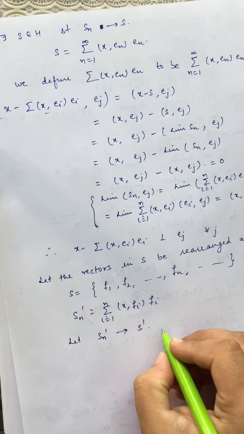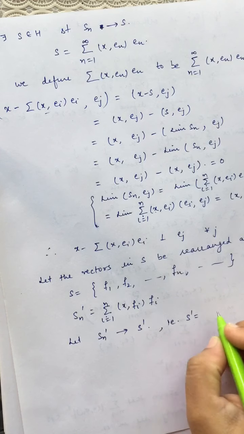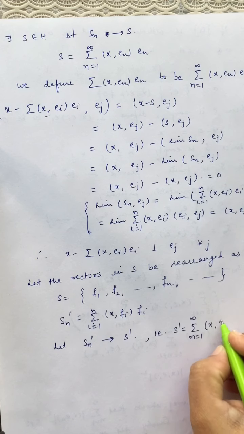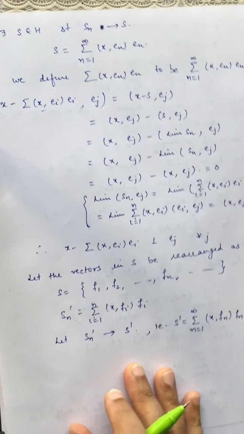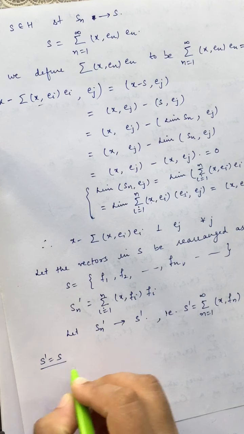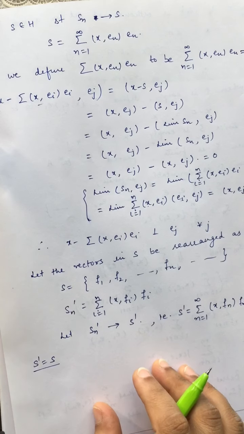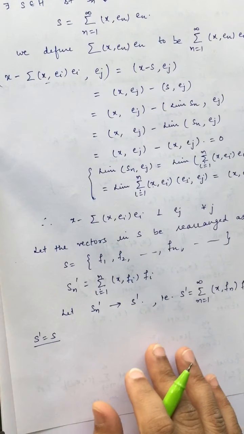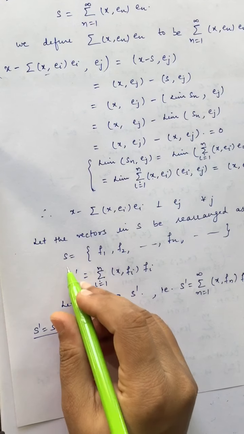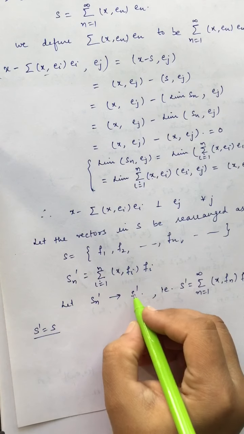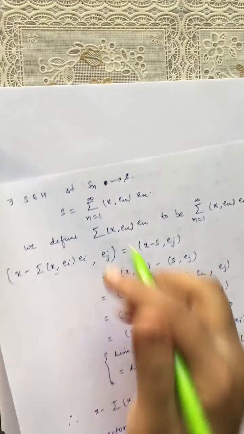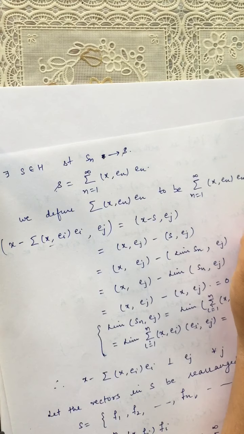That means this S dash can be written as the summation n varying from 1 to infinity of ⟨x, f_n⟩ f_n. So we will prove that S dash is equal to S. That means if we rearrange the vectors in S, then their sum will not be changed. This S is capital S, this is for the set, and this is small s, which is actually a limit.